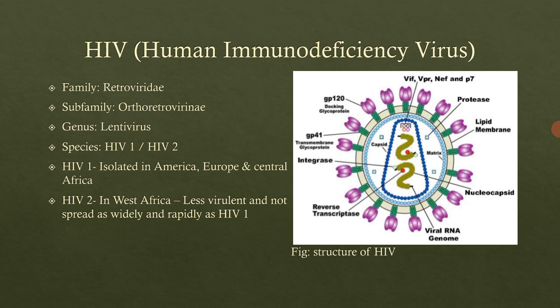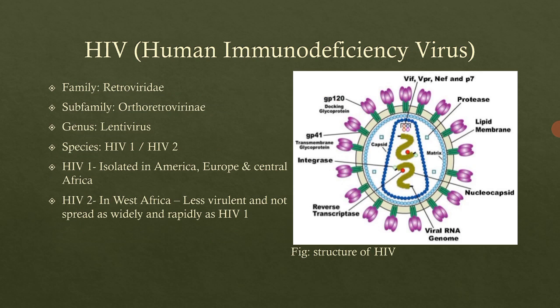Then the subfamily of this virus is Orthoretrovirinae. The genus is lentivirus. The HIV virus can also be called a lentivirus. The answers will be the same. Then the species are HIV1 and HIV2.